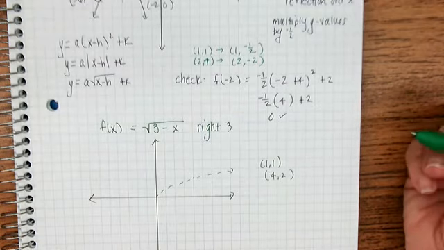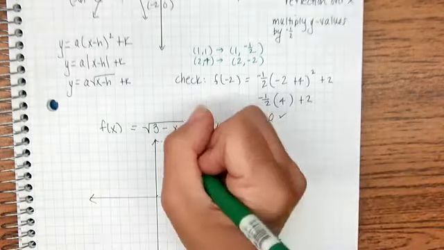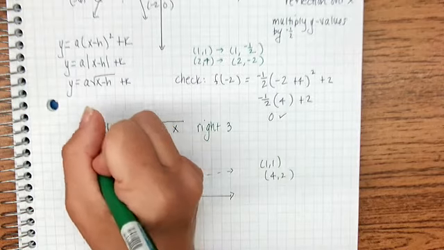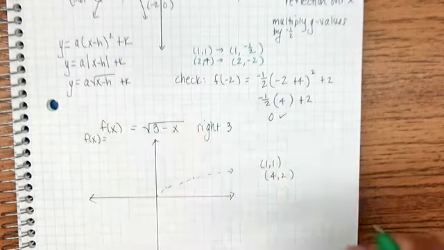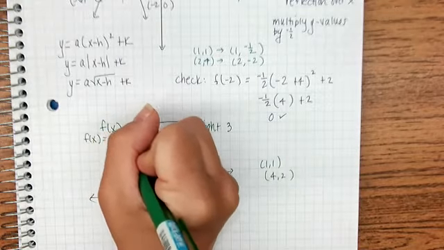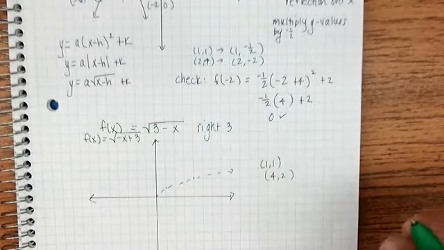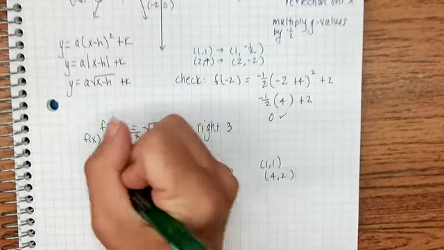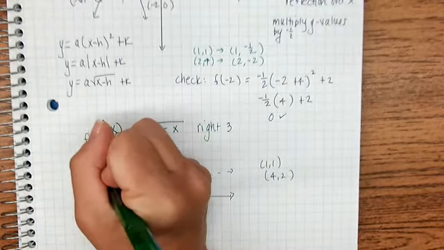Okay. We are going to reflect. This is the same thing as f of x equals negative x plus 3, or 3 minus x. This right here is a y-axis reflection.